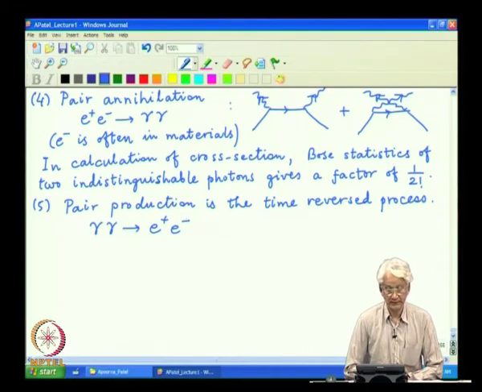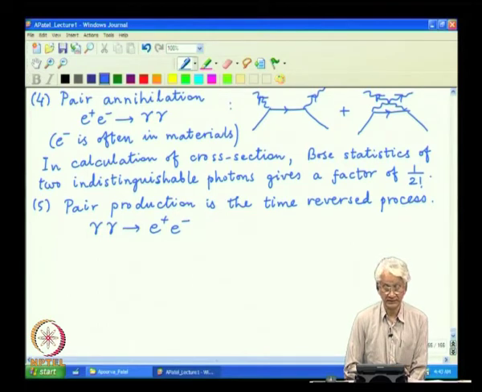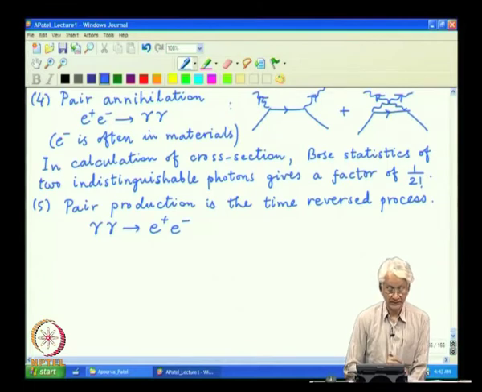This again has the same two kind of diagrams corresponding to two orders of the photon interaction vertices, but in this case the two photons are the initial state objects, and so there is no 1/2 factorial in the cross section.